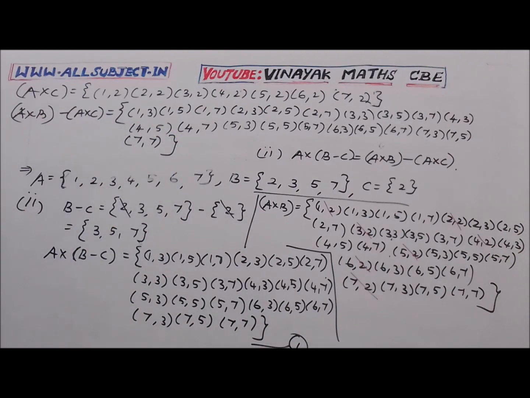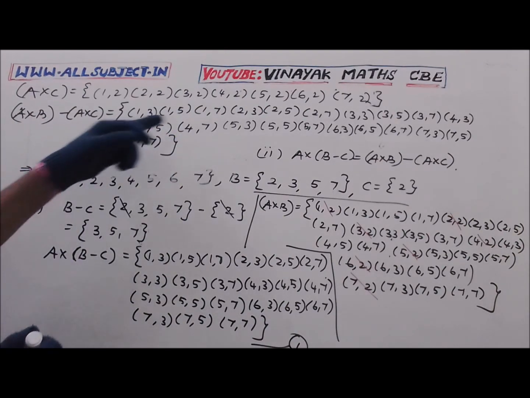So these are the elements present in A cross B minus A cross C.